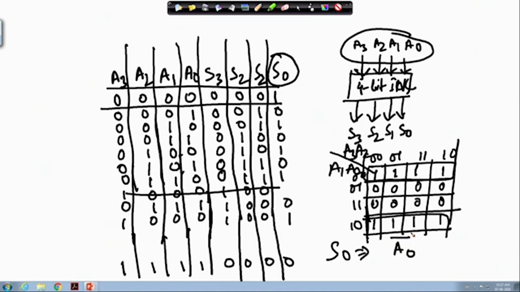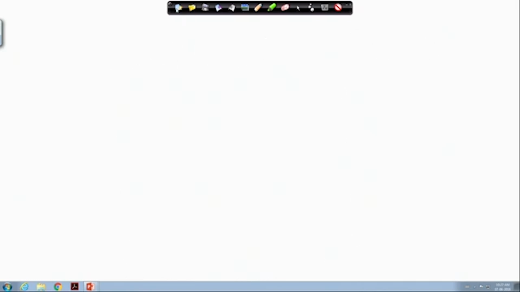So now I have got the expression for S0, that is S0 equals A0 bar.